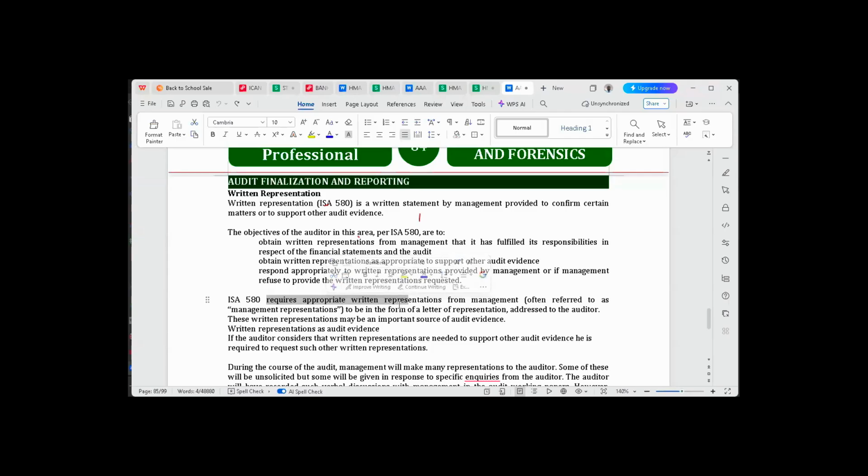It is to be in the form of a letter of representation addressed to the auditor. Now, this written representation may be an important source of audit evidence. By the time they provide the information, the auditor will take it as part of his own supporting documents as regards audit evidence. Okay.